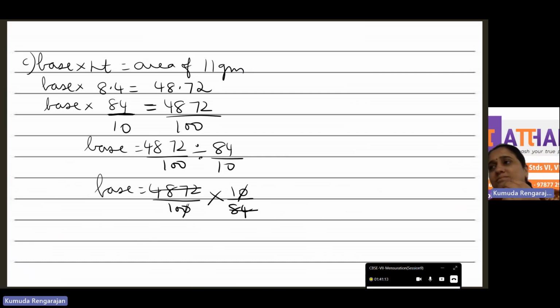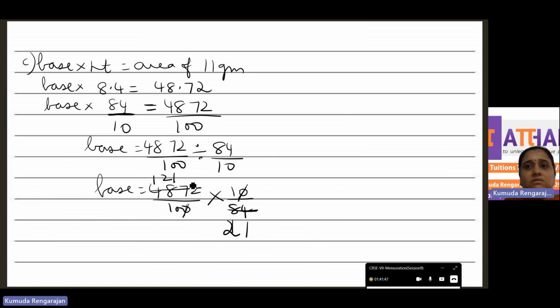The last 2 digits must be divisible by 4. The last 2 digits, 72, is divisible by 4, so the entire number is divisible by 4. So 4 how many times? 4 twos are 8, 4 ones are 4. And here, 4 ones are 4, 4 twos are 8, 4 ones are 4. How much is the remainder?